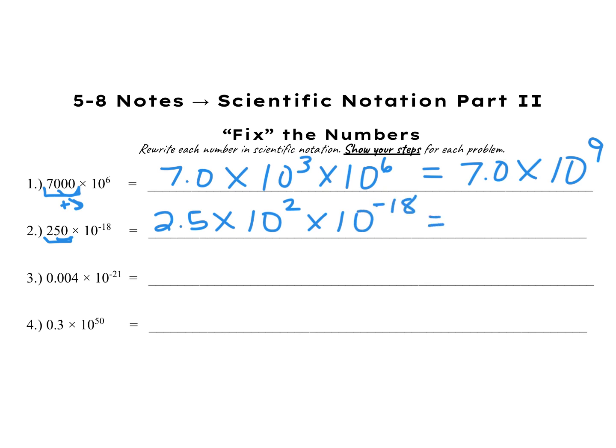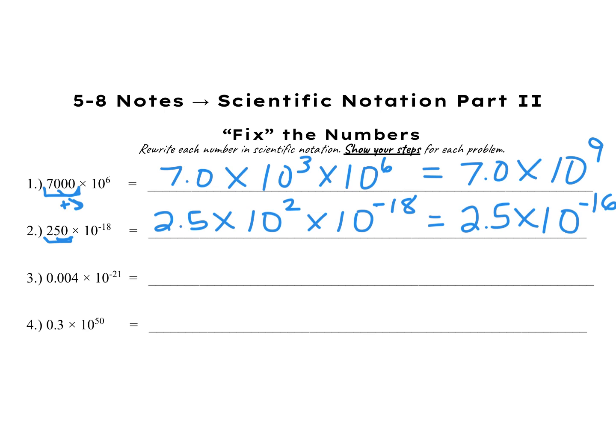So you add the exponents. This gives you 2.5 times 10 to the negative 16th, because 2 plus negative 18 is negative 16. All right, the next problem, we are actually moving the decimal point in the other direction.